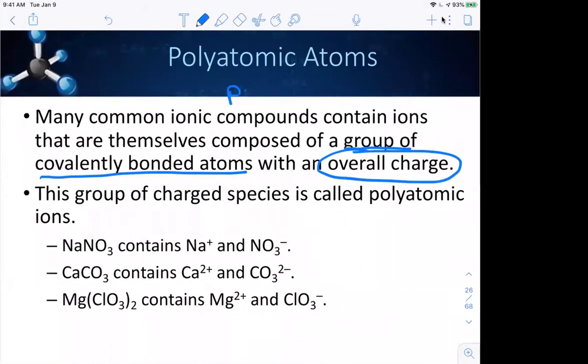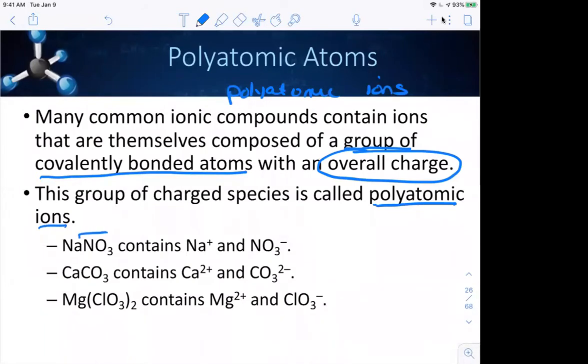These are going to be polyatomic ions. There are many charts that you can find. I will post one of my favorite polyatomic ion charts on our course management system. This group of charged species is called my polyatomic ions.